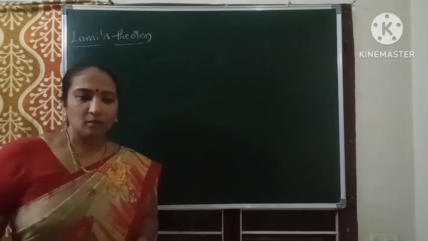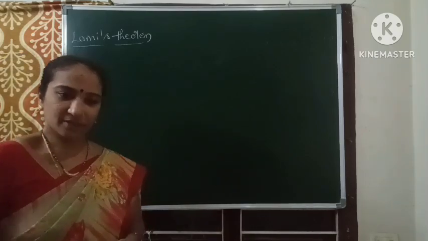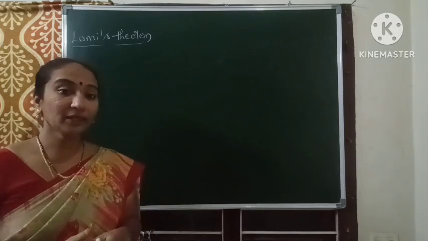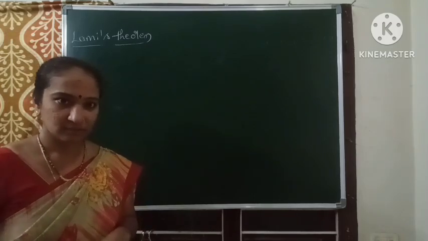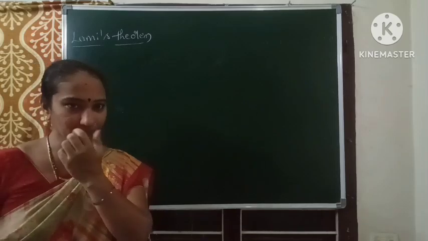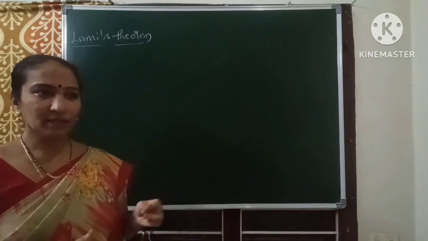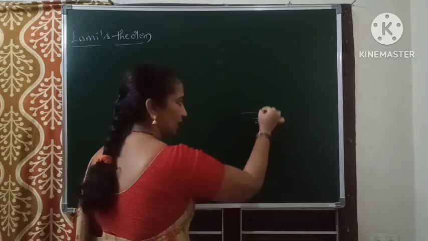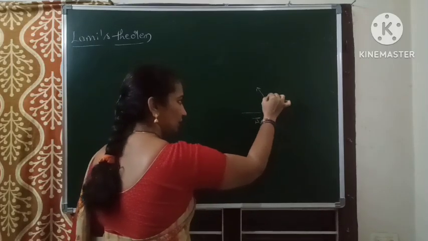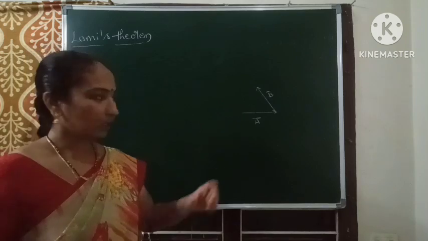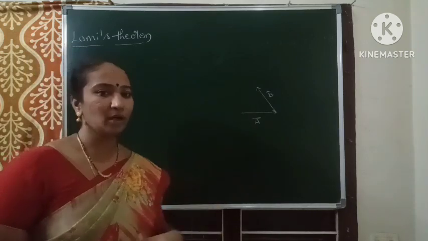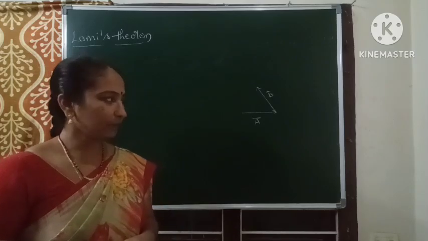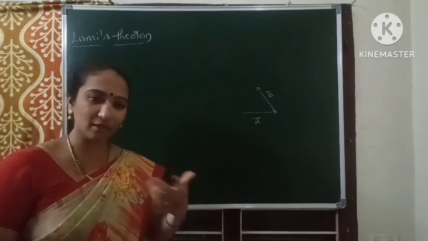Right. Now let us discuss Lami's theorem. Actually, Lami's theorem is one of the applications of the triangular law of vector addition. A bar and B bar are two sides of a triangle which are in the same order.